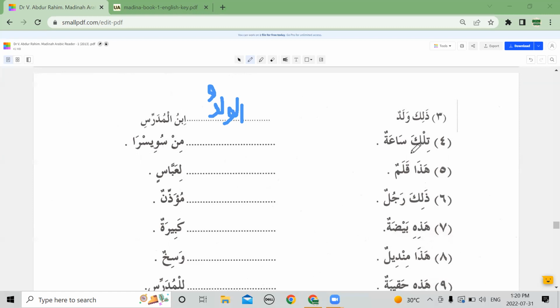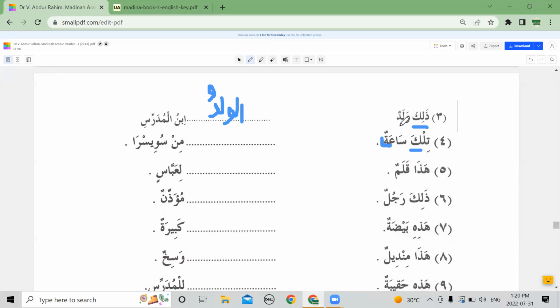Good. But tilka means that. Tilka and dhalika are that. Hadha and hadihi is this. Okay. So can we use dhalika and tilka in both the cases? You can only use tilka here because this is feminine. How do we know it's feminine? Because of this ta marbuta you see here. Sa'atun is a feminine word. So we use tilka.